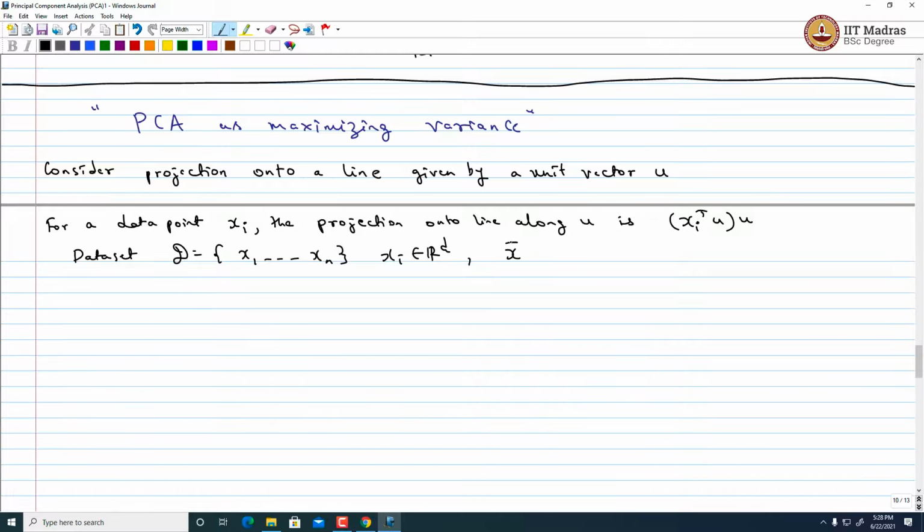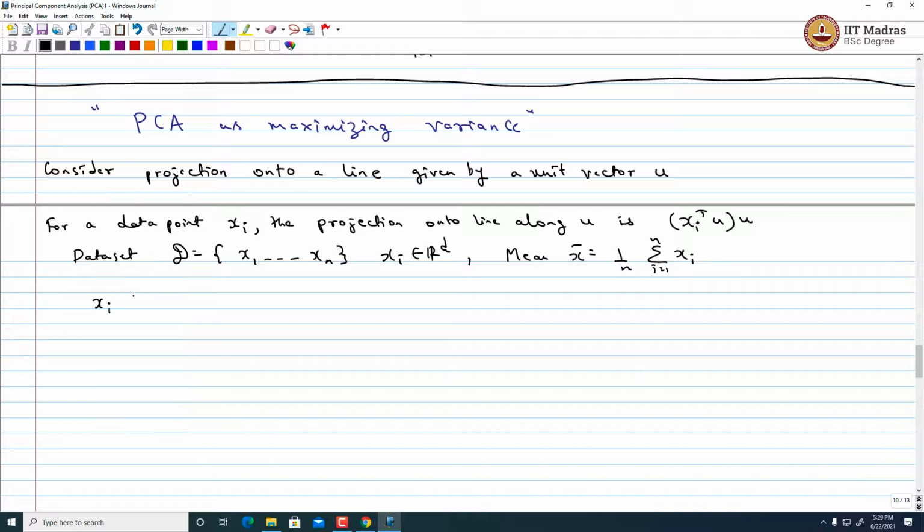Now x bar is the mean, x bar is 1 by n summation of xi.